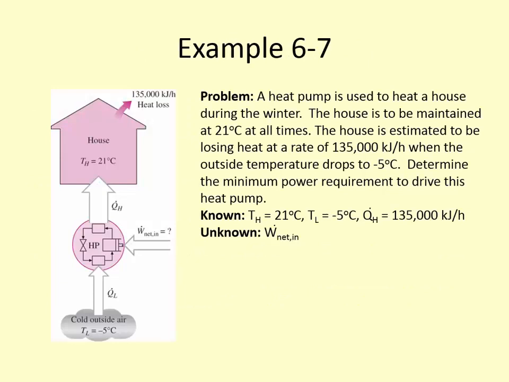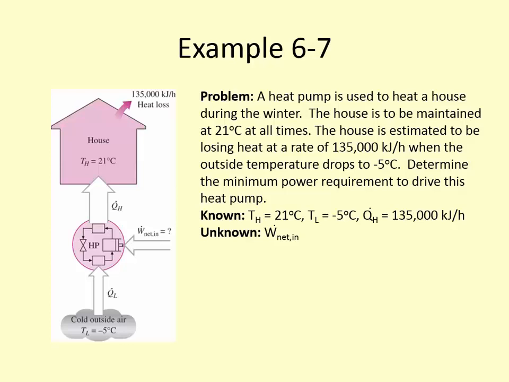So let's do an example with that. We have a heat pump heating a house during the winter. The house is to be maintained at 21 Celsius at all times. The house is estimated to be losing heat at a rate of 135,000 kilojoules per hour when the outside temperature drops to negative 5 Celsius. So determine the minimum power requirement to drive this heat pump.